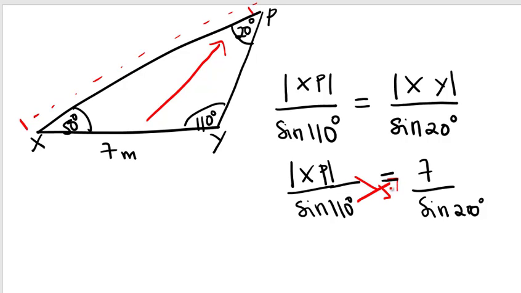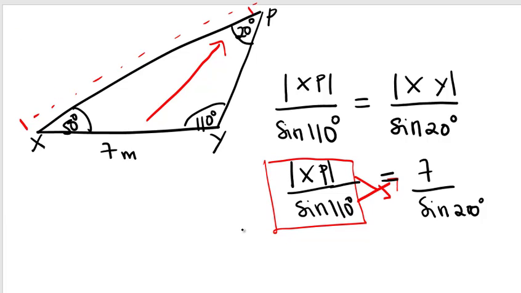Or, because we want to make XP the subject, we can just take the denominator, which is sine 110, and multiply through by sine 110 to get rid of that denominator. The choice is yours, whichever way you want.